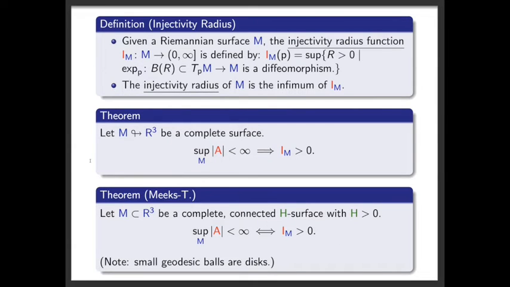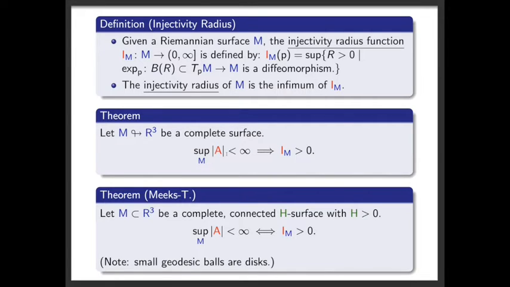Okay, I'm going to give you a few seconds to read the definition of the injectivity radius. And so first let us observe that if the second fundamental form of a surface is bounded, then the injectivity radius is bounded from below, because we have already a nice description when this happens: everything is locally graphed, but uniformly locally graphed.